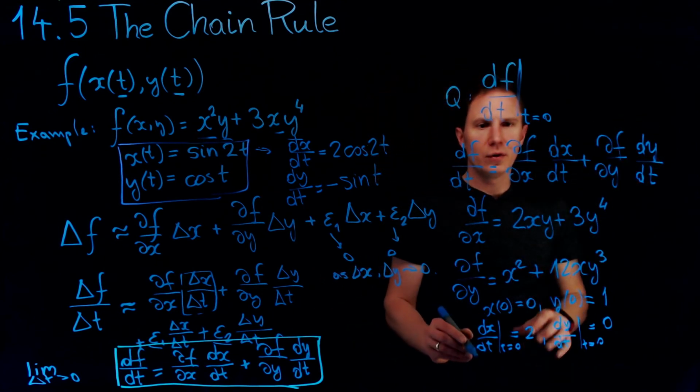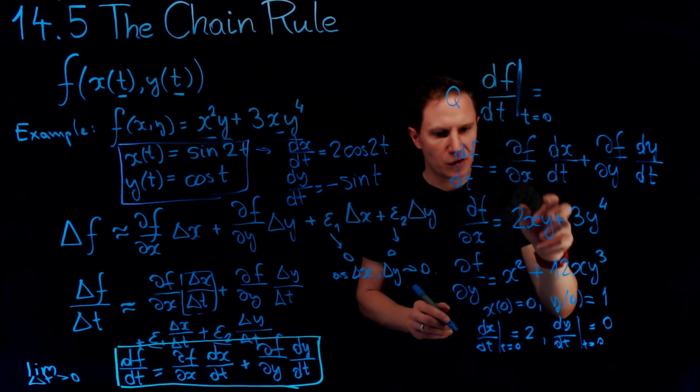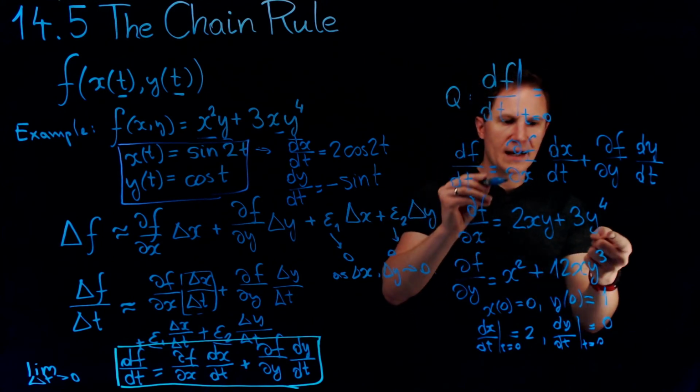So all we have to do is use the chain rule and input these ingredients with the corresponding x and y values.